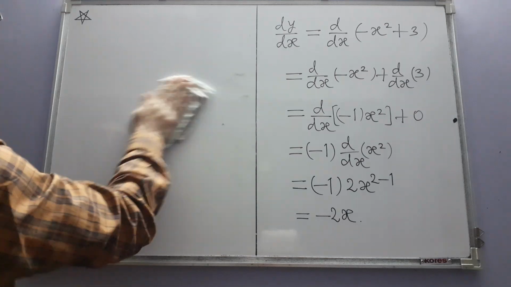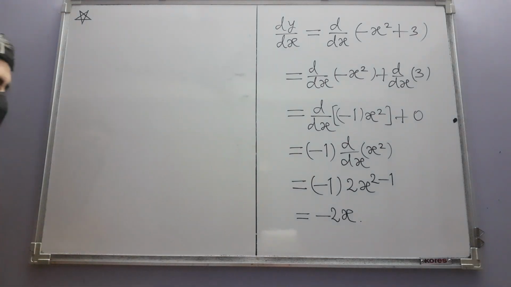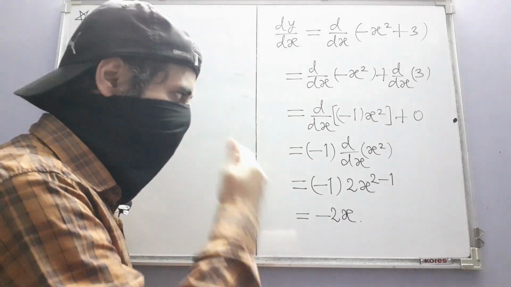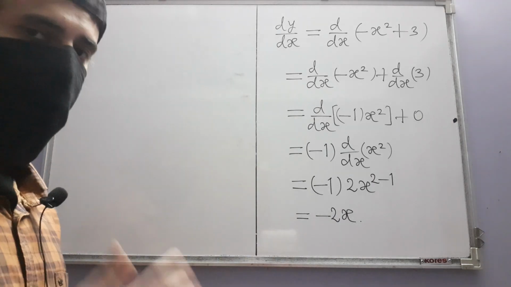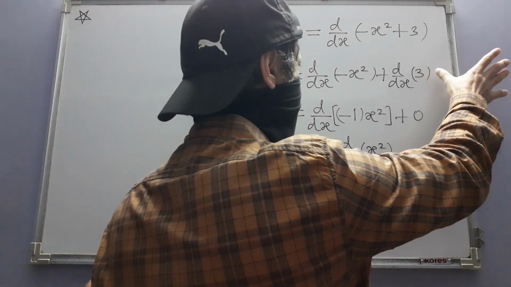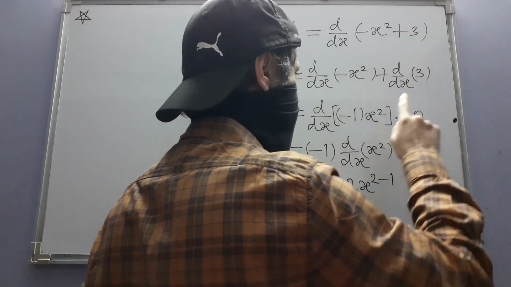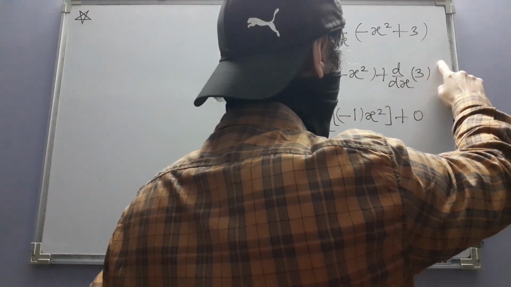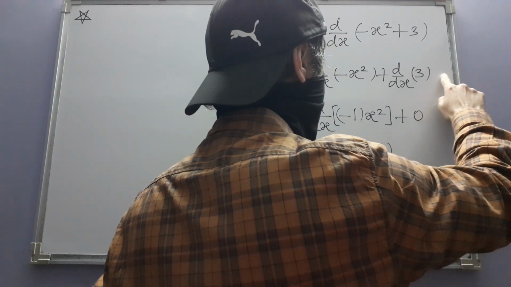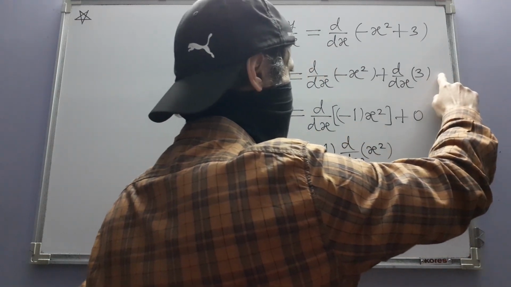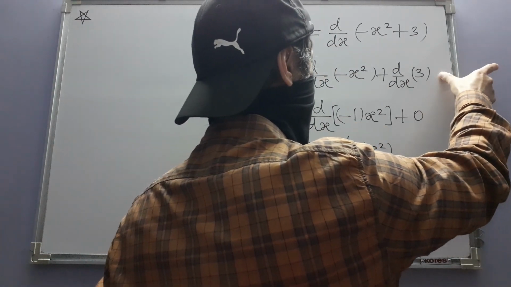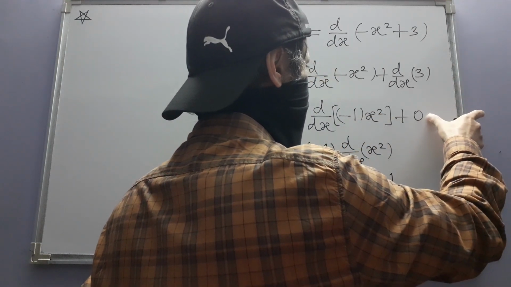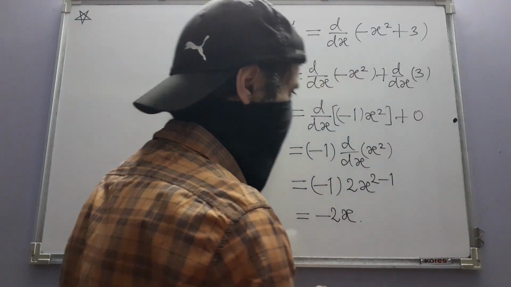For the first few times, if this is the first time you are differentiating something, for the first few exercises, it's advisable to actually write alongside these steps which of the rules you have used. Say here within square brackets you write, I don't have space here, but you can write by the sum rule, by the constant function rule.